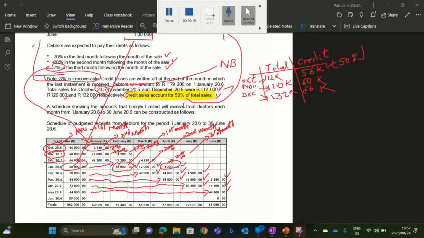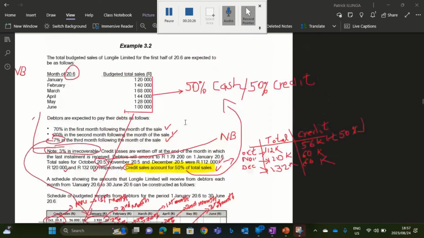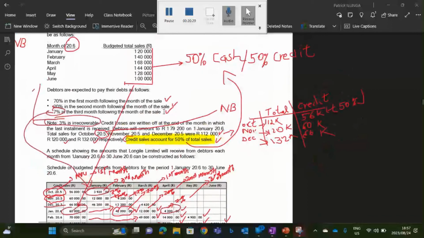They told you what you would get in the first month. So for example, we are provided for January. So you know that in February you would need to recover 70%, and the next 20% of that 120,000 will be recovered in March, and then the following month you will be able to recover only 7% in April.